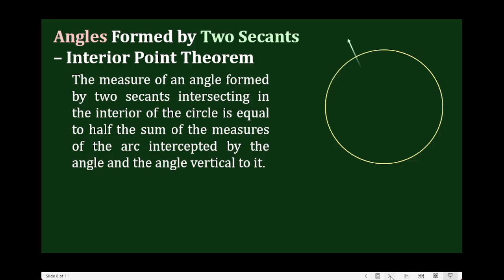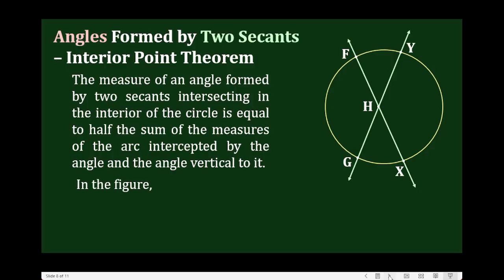Again, we have a circle, and with this geometric figure, we draw a secant and another one. For the first secant, we name this as line FX, and another secant, we name this as line GY. You will notice that these 2 secants intersect at point H, which is the interior of the circle.